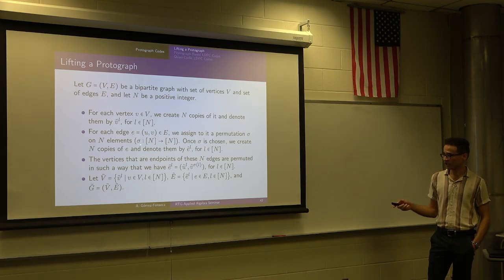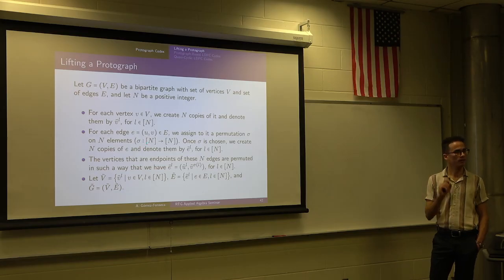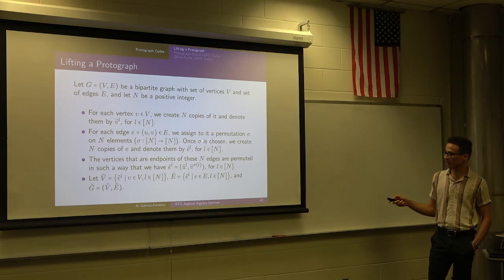For each one of the edges, I am going to first assign a permutation sigma on n elements. Sigma is a map from the integers modulo n to the integers modulo n. And again, one permutation for each one of these edges. And once I choose a permutation sigma, I am going to create n copies of this edge, and I'm going to denote them by e tilde l.